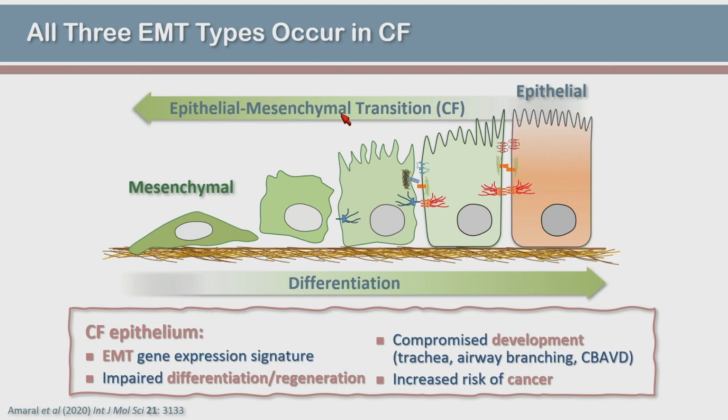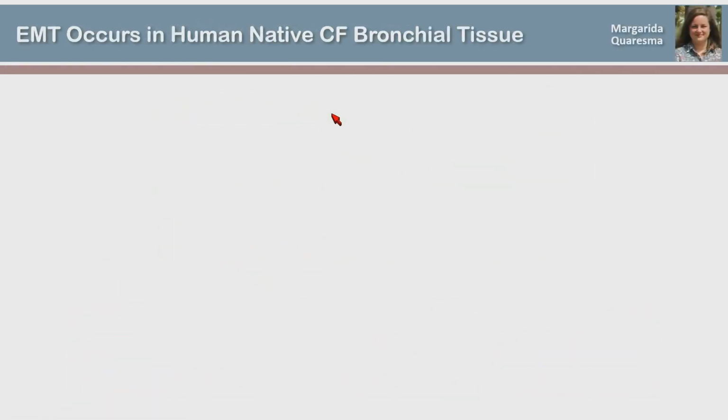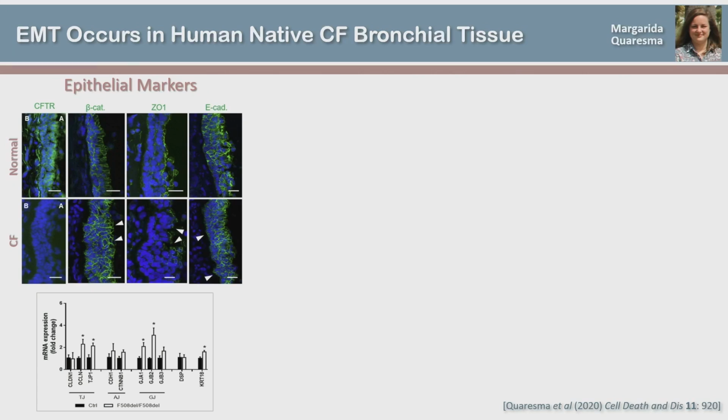So there is some evidence from what I've shown here that there is this EMT occurring in CF cells. Okay, so again, this PhD student, Margarida Quaresma, looked at bronchial tissue. This is native human tissue, again from explanted lungs. And she looked at some epithelial markers.